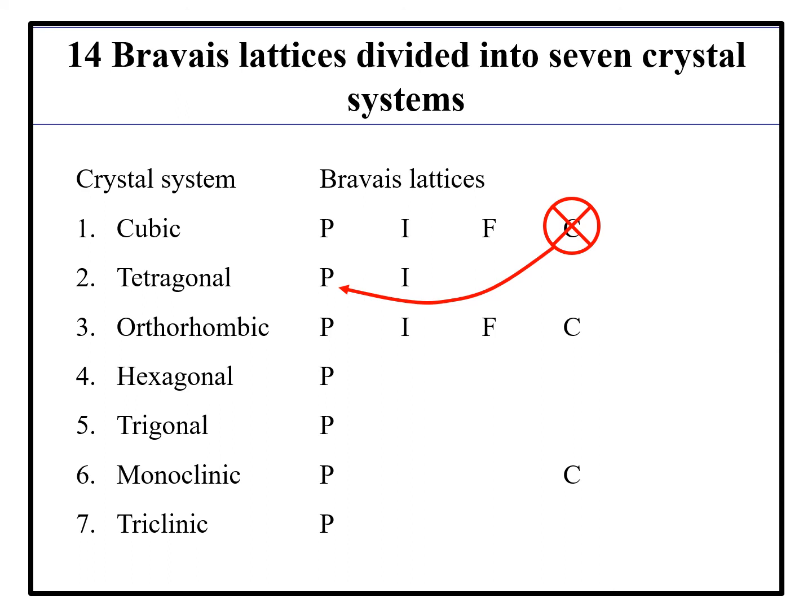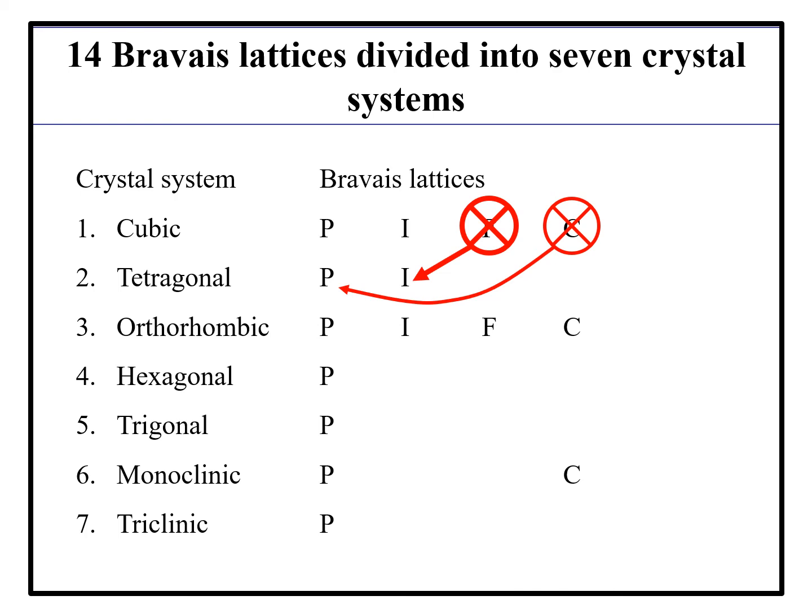So just like we crossed out cubic C to call it tetragonal P, simple tetragonal, we should actually cross out cubic F, face-centered cubic, and call it tetragonal I, body-centered tetragonal. You can see we are now in a difficulty.